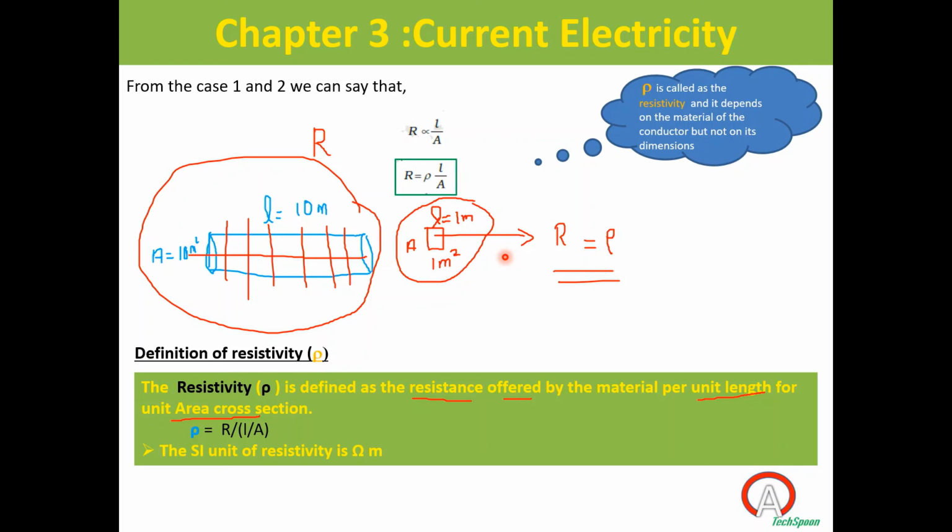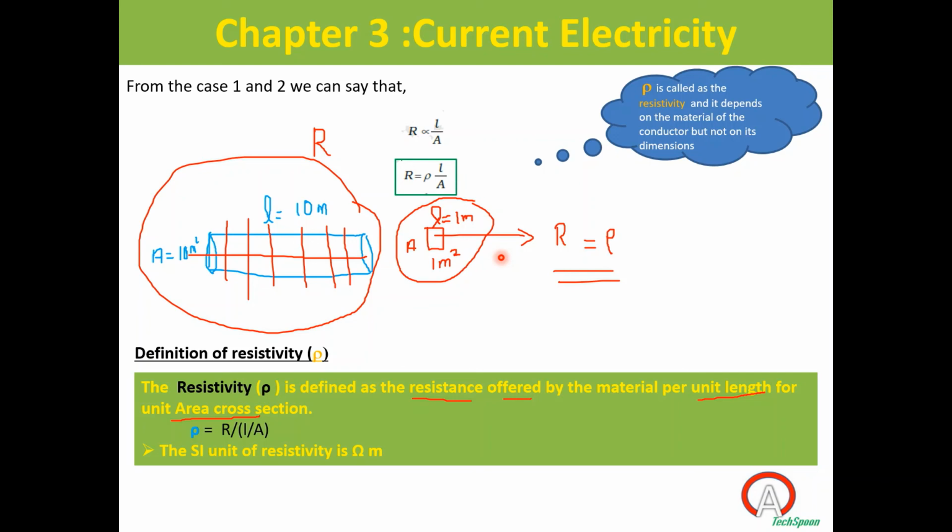Okay. So we already learned what is meant by current in the initial classes. Then we learned what is potential difference. Then we came to Ohm's law. Ohm's law says that voltage is directly proportional to current, V equals I into R. From Ohm's law, we came to a new term, resistance. We studied how resistance and current are related.